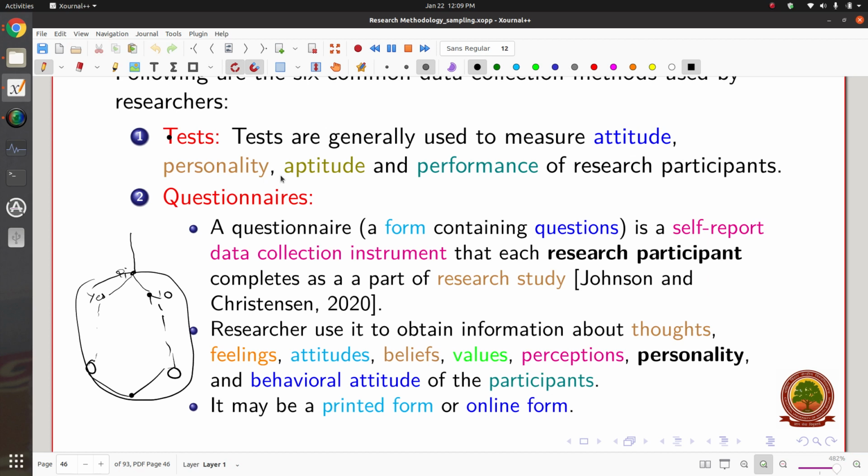Once you collect answers from all of the participants, you start processing the data. Many times you need to digitize that data so that you can use data analytics and computational methods to analyze it.